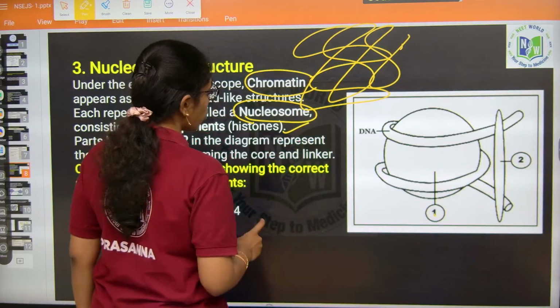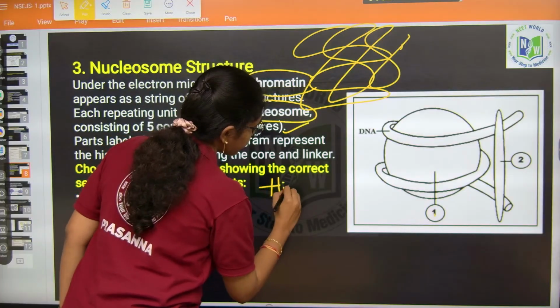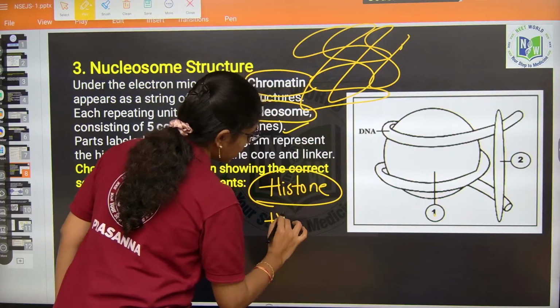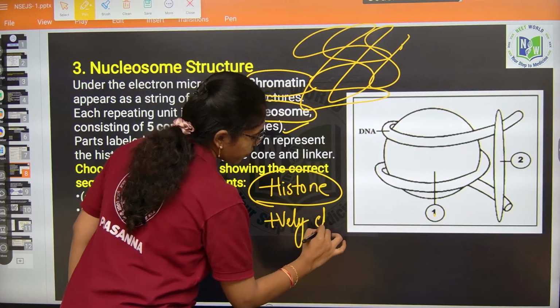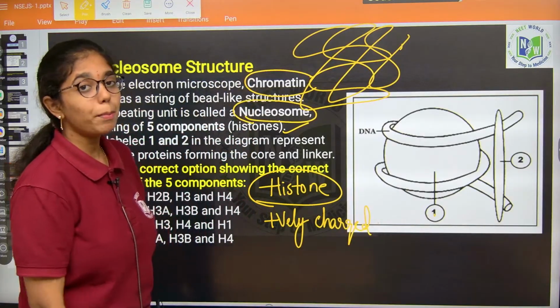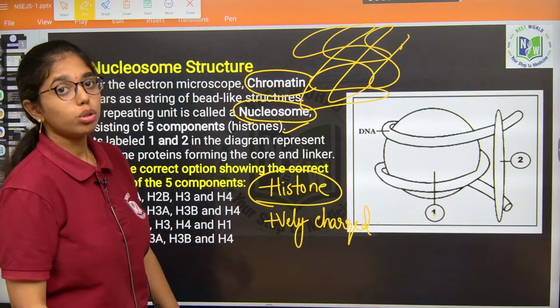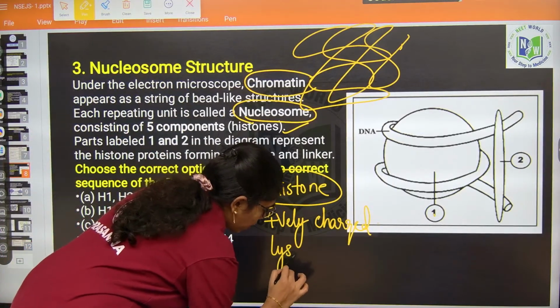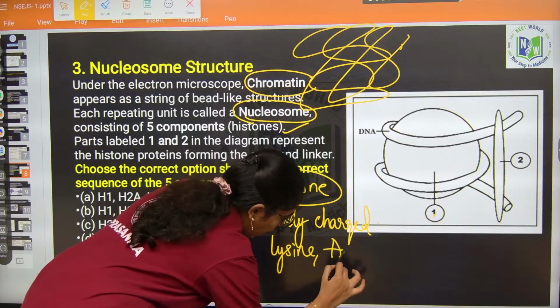Histone proteins are positively charged because of the basic amino acids, lysine and arginine.